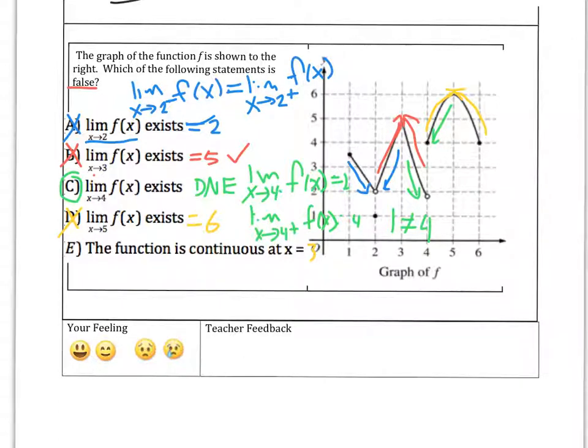At x equals 3, the limit on both sides clearly is the same, and that's pretty clearly continuous based on what we know about continuity so far. That's it.